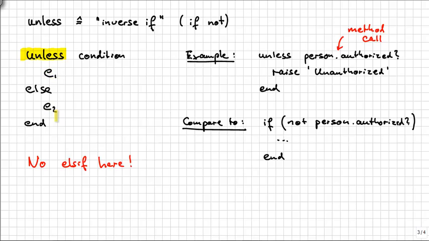And this is useful as shown in the following example. We say unless the person is authorized, we raise an exception. And this is equivalent to saying if the person is not authorized, we raise the exception.